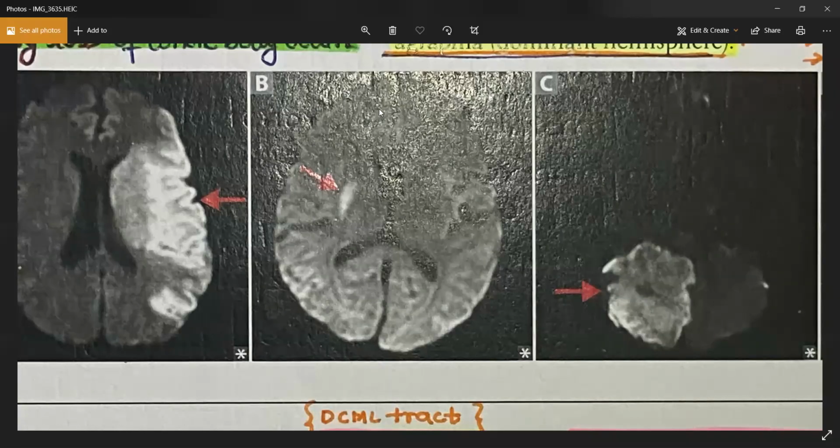This is a stroke. As you can see at the arrow, this is the part where the patient's brain is dying. What kind of stroke can do that? An ischemic stroke. But what artery is involved?